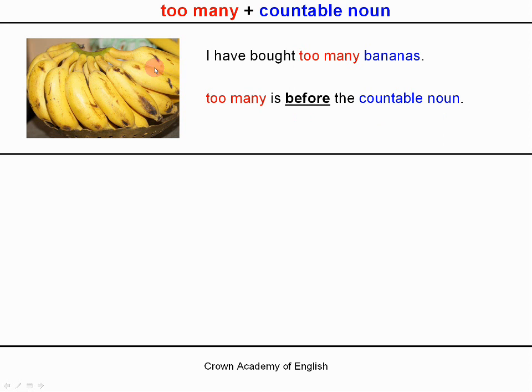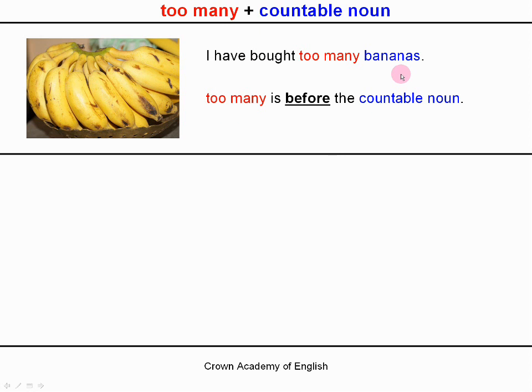So banana is a countable noun because we can count a banana. A banana is an individual object. We can have one banana and we can have 3 bananas or several bananas.